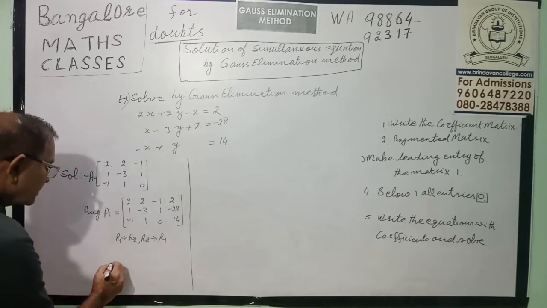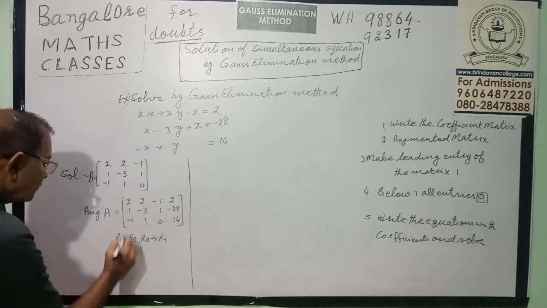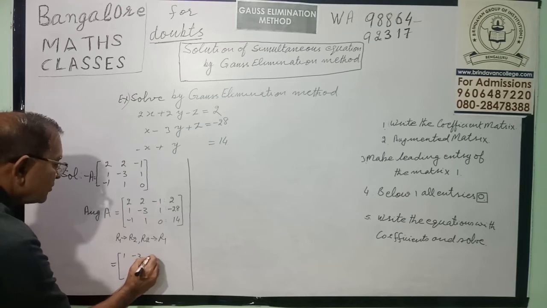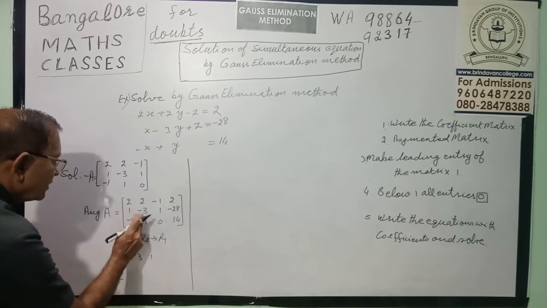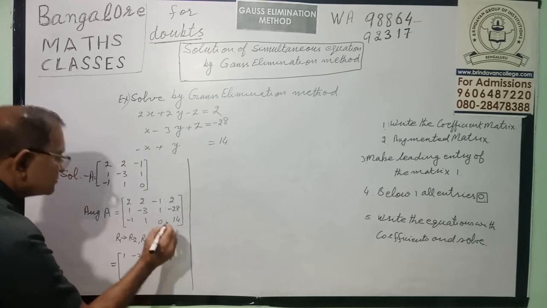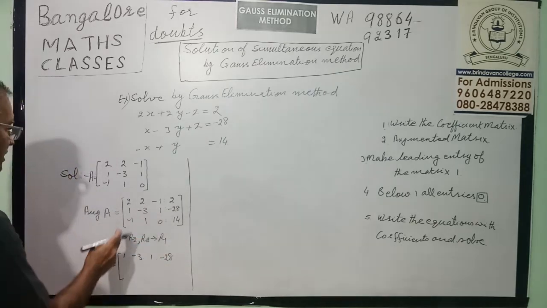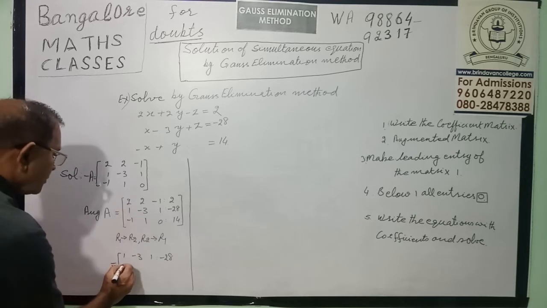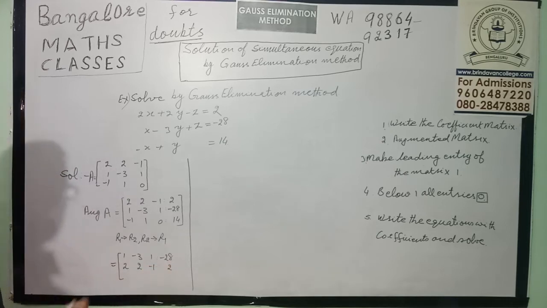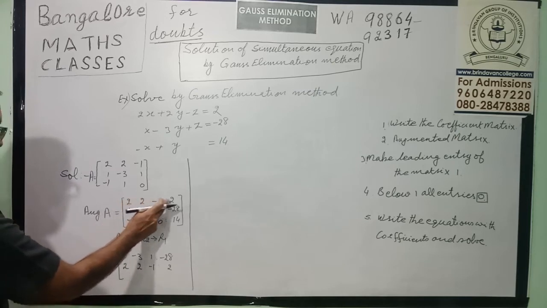So we will get it as 1, minus 3, 1, augmented minus 28. Then R1 to R2: 2, 2, minus 1, augmented 2.